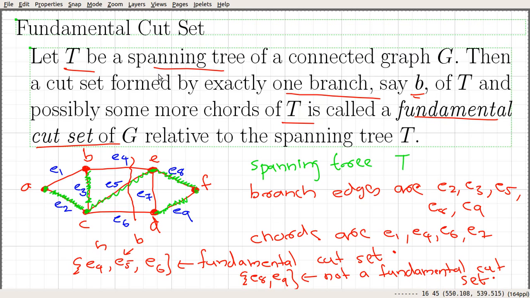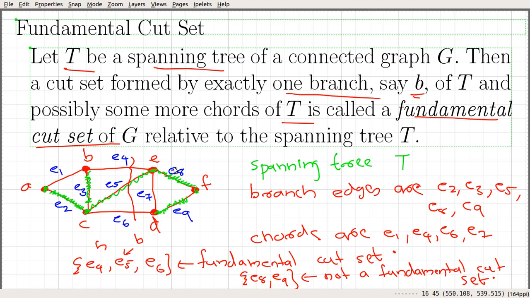The fundamental cut set is a cut set formed by exactly one branch and possibly more chords of a spanning tree. So this is a fundamental cut set, and this is not, because it contains two branch edges.